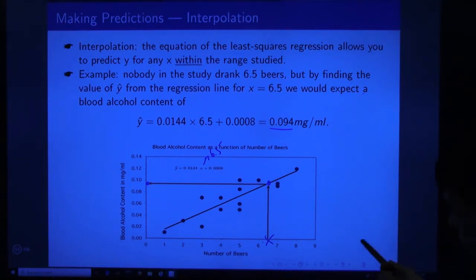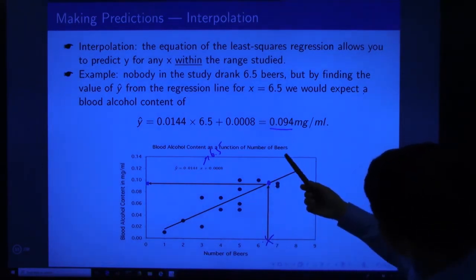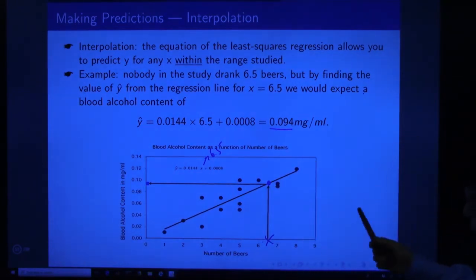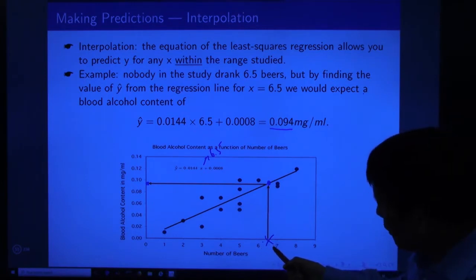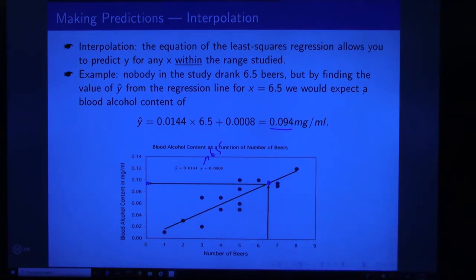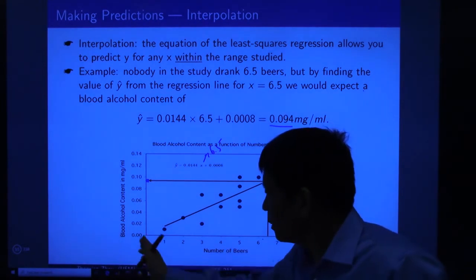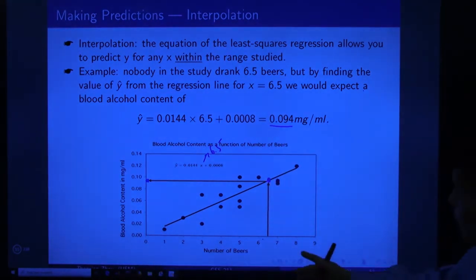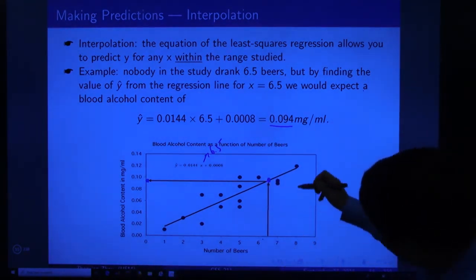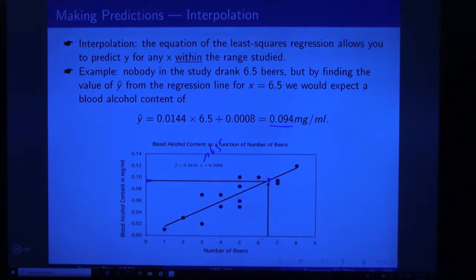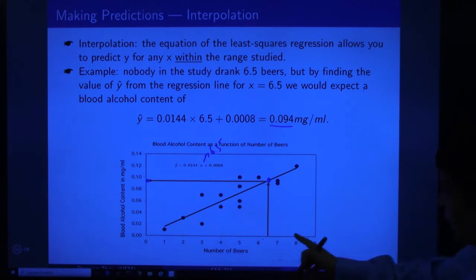But keep in mind, look at this. This number looks reasonable. The reason is that 6.5 is within the range of our experiment. The range of our experiment: the minimum equals 1. We never did anything smaller than 1. The maximum is 8. We never did anything larger than 8.